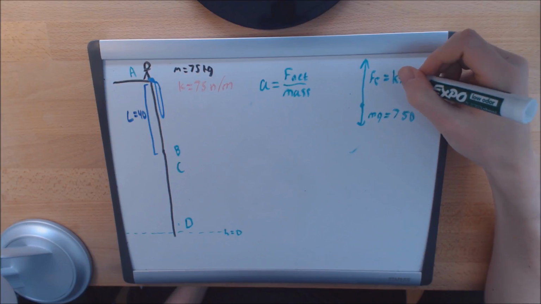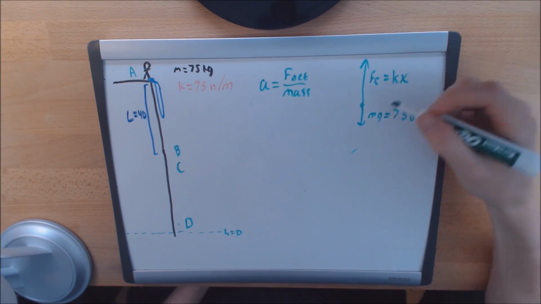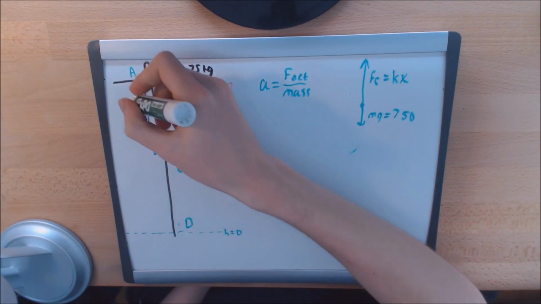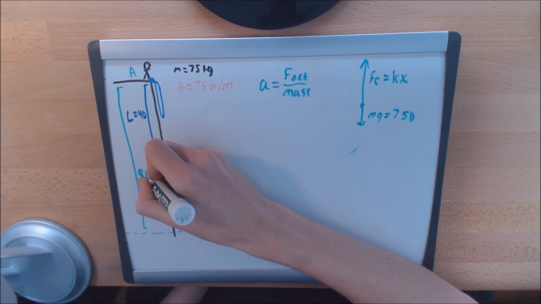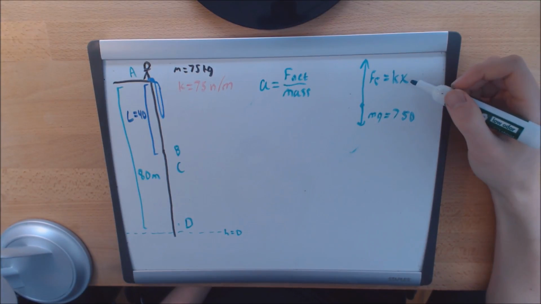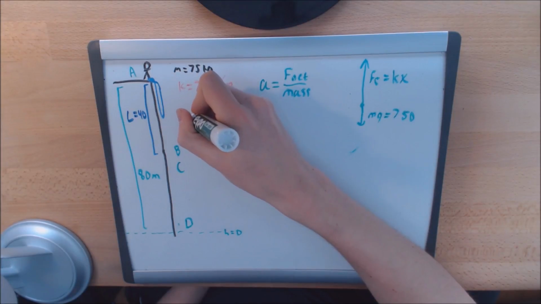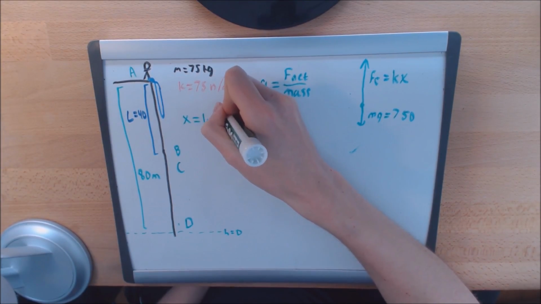And we know k is 75, but x, at the bottom, we just figured out that the total height is going to be 80. Let me write that in just for reference. And we know our x, I think in that last part we had x equals h minus 40, right?